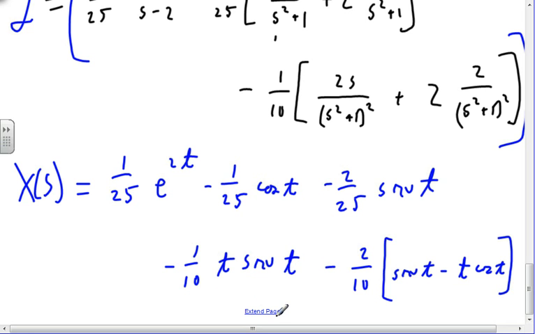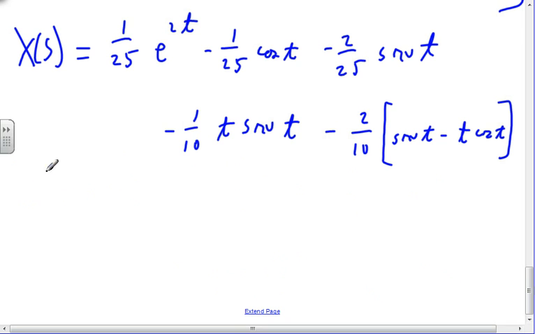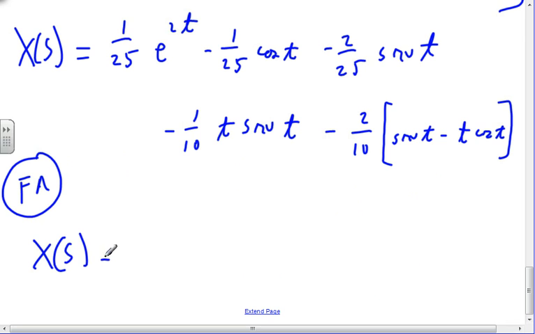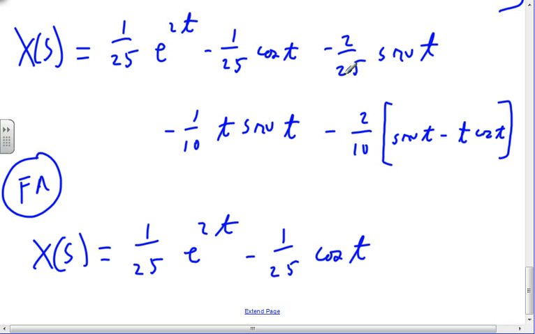Okay, that looks nice. Final answer time. x equals 1/25 e to the 2t. I've got a cosine there, so that'd be minus 1/25 cosine t. I've got minus 2/25 here, minus 2/10 there. 2/25 plus 2/10 gives me 7/25.